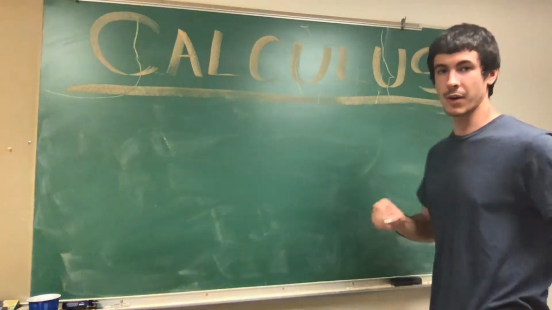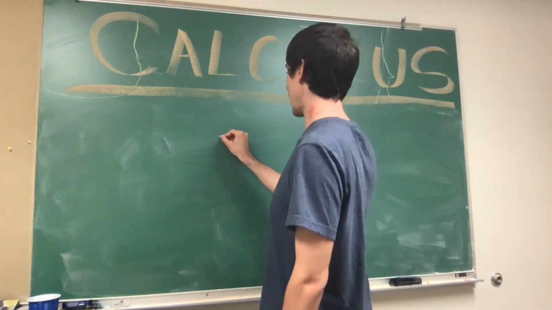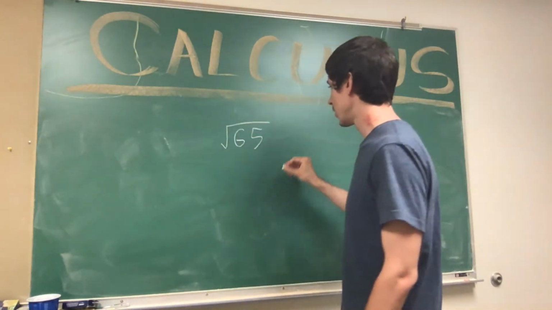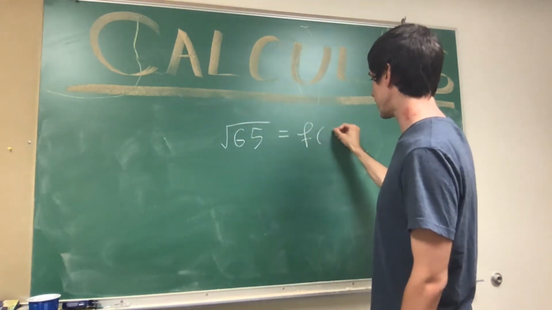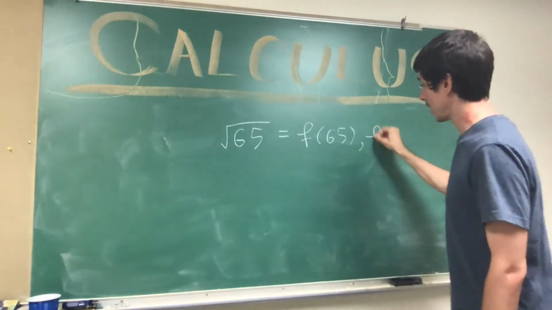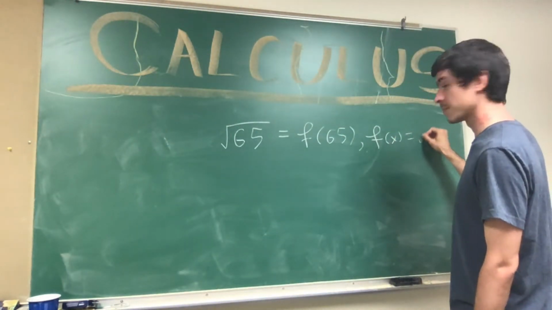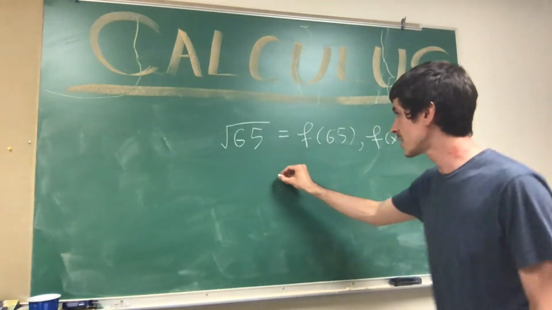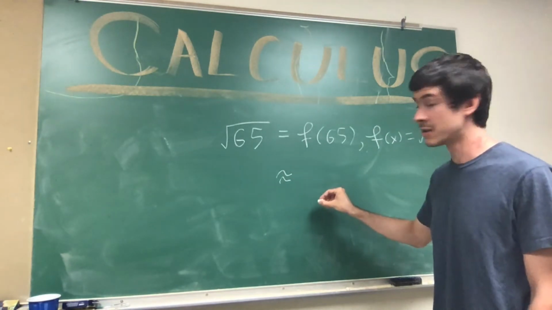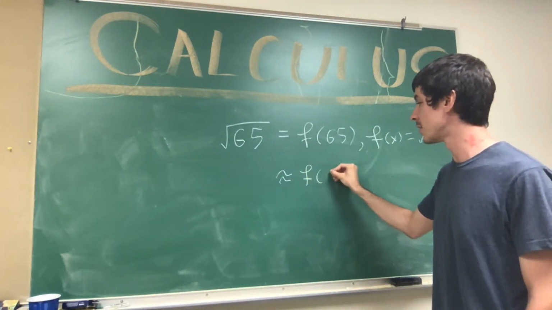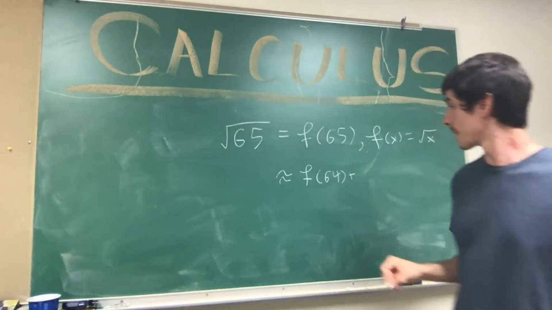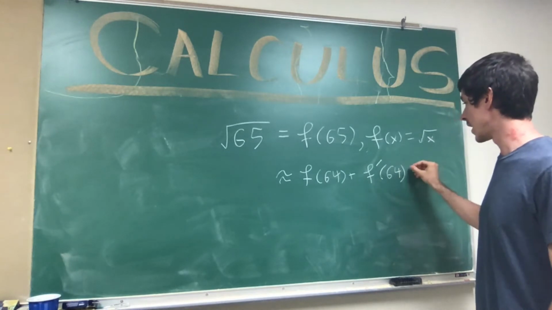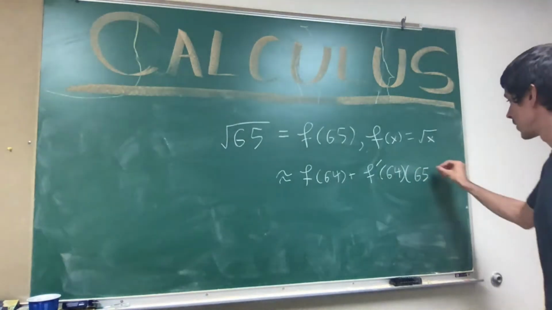So, square root of 65, which equals f of 65, where f of x equals square root of x. By linear approximation, this is approximately equal to f of 64 plus f prime of 64 times 65 minus 64.